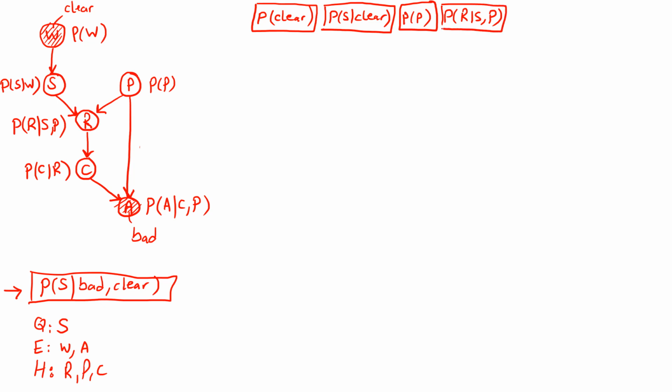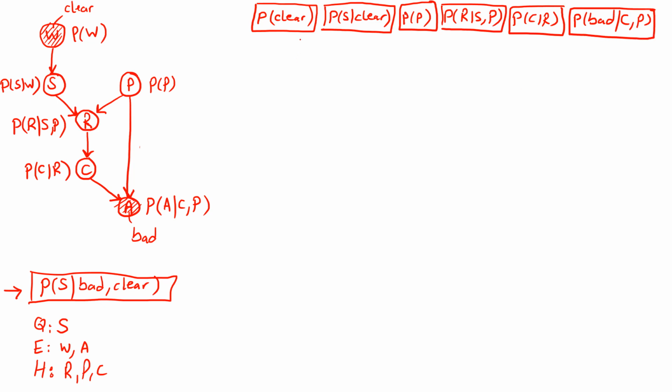We have two more, which is P of C given R. And the last one is P of A, but we observed A, right? A has the value bad, so we have P of bad given C and P, and that is the last factor.